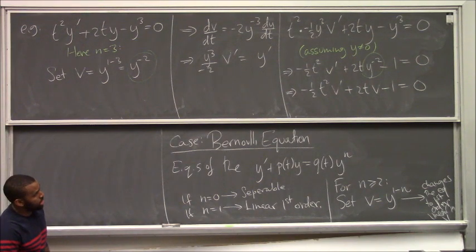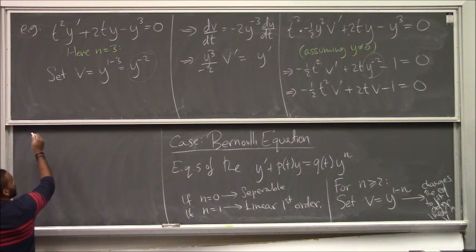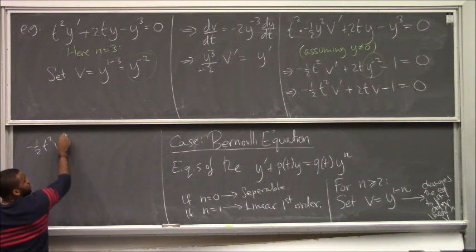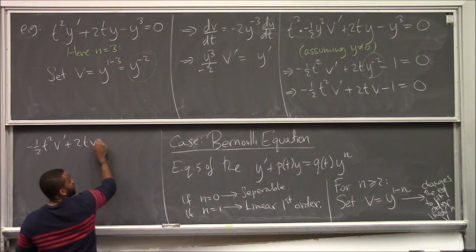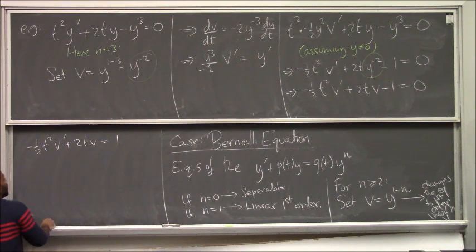So, what are we going to have here? So this is minus 1/2 t squared v prime plus 2t v equals 1. Is that a nice thing for an integrating factor? Multiply everything by negative 1/2 t squared. Yeah, there was a quick way to actually get something going here.